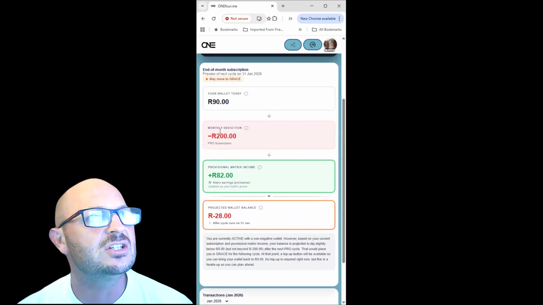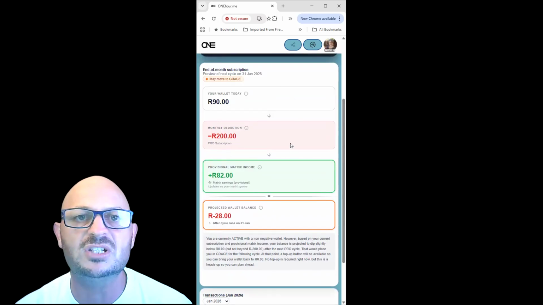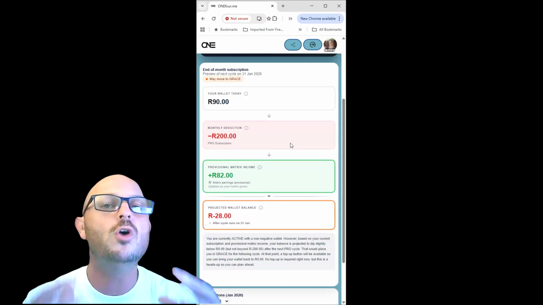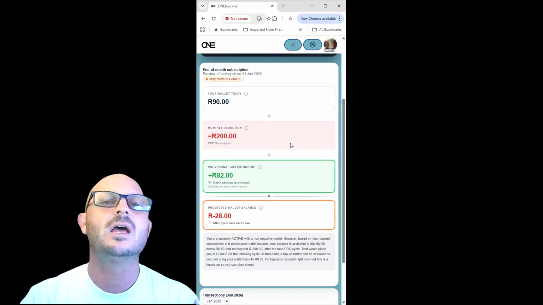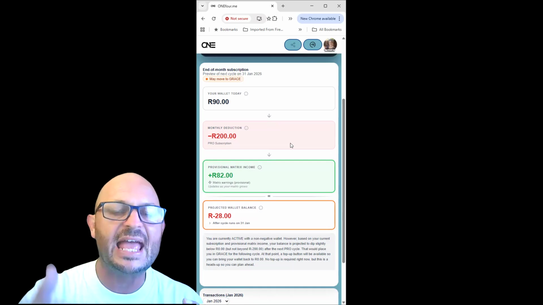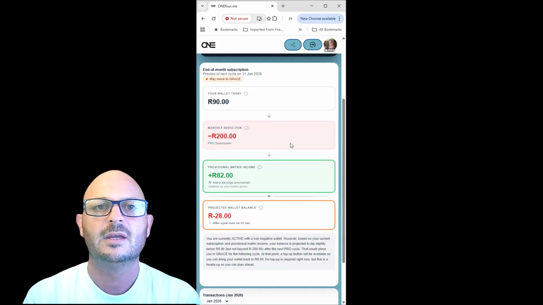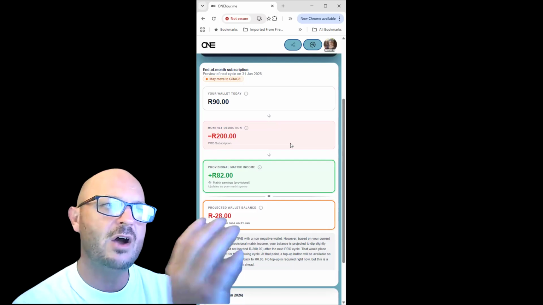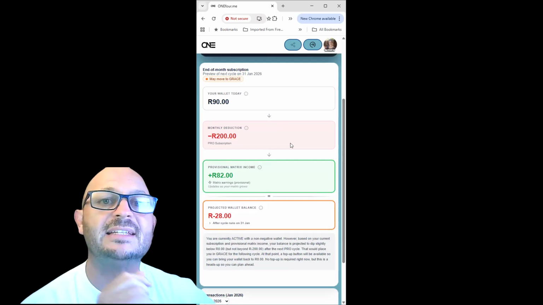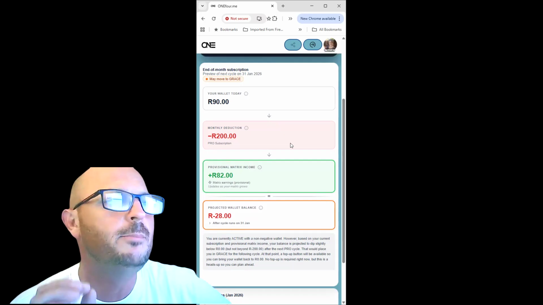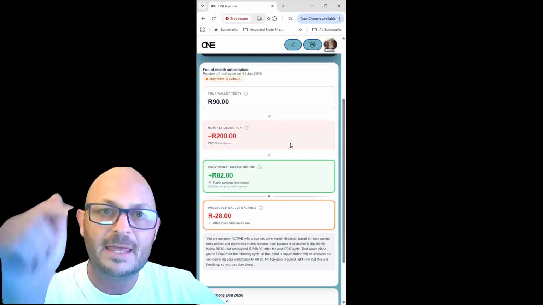This section just above it, the end of month subscription section, all it shows you is what your wallet will stand at the end of the month as it stands right now. So you can now decide, okay, my wallet will be minus 28. What does that mean? That means it'll put me in the grace period next month.